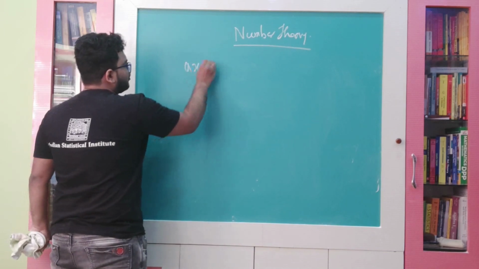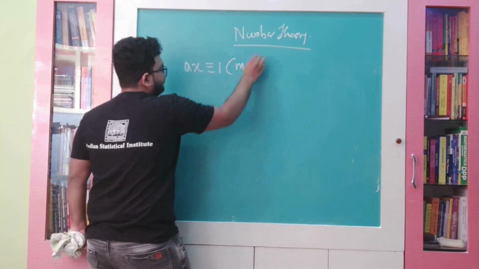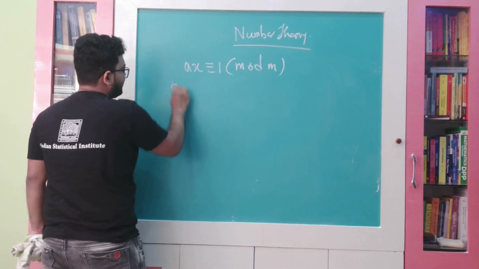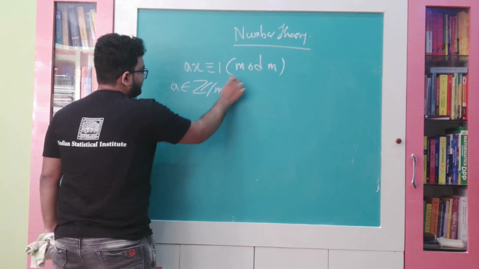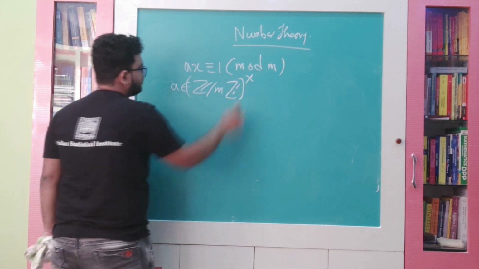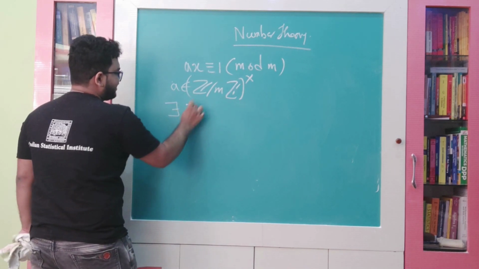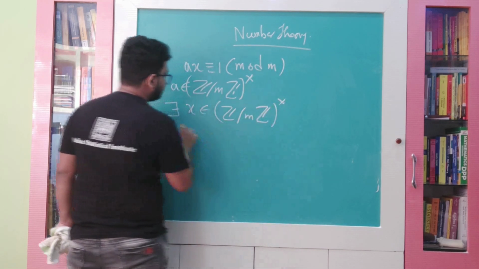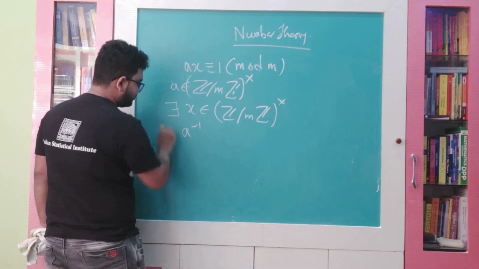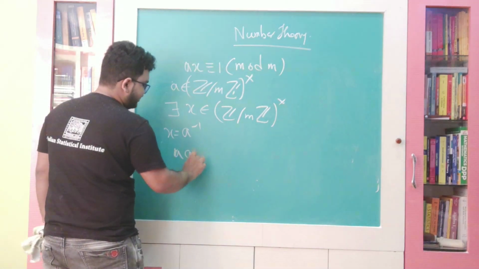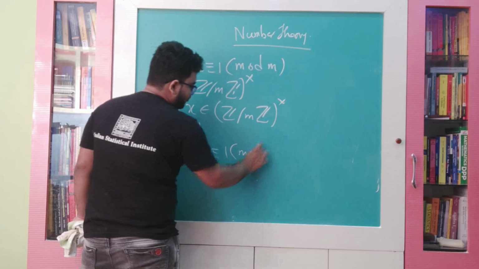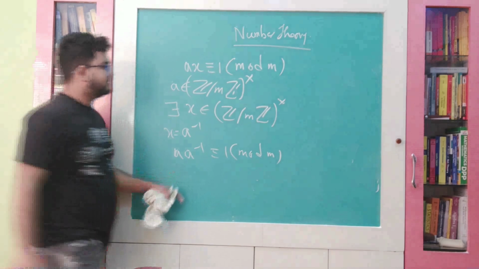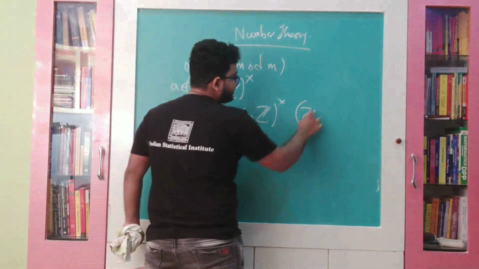Okay, now if a is in Z/mZ invertible, then there exists x in Z/mZ invertible, denoted by a inverse, such that a times a inverse is congruent to 1 modulo m. Why does this happen?